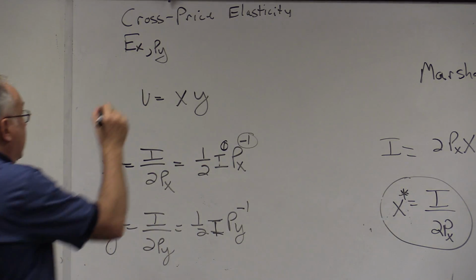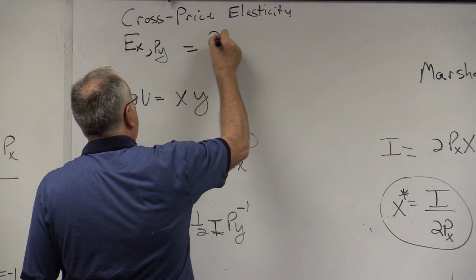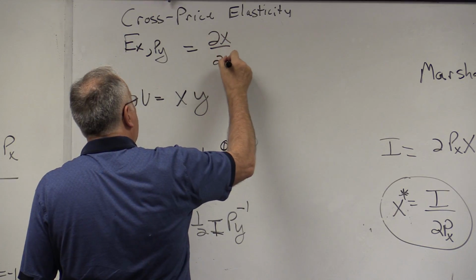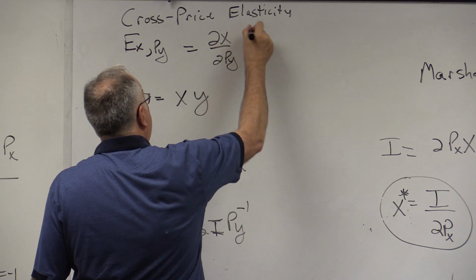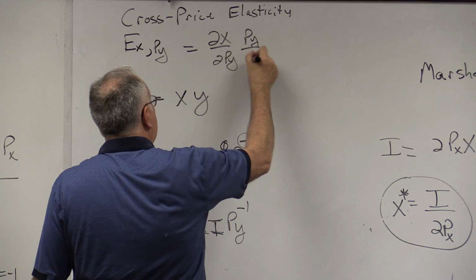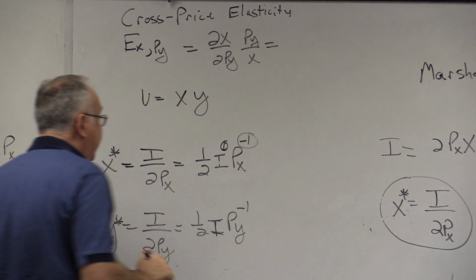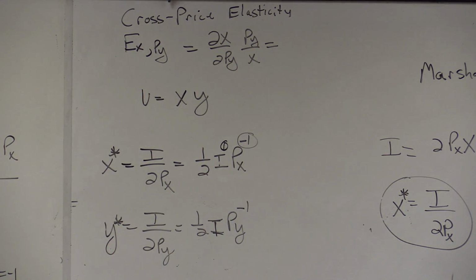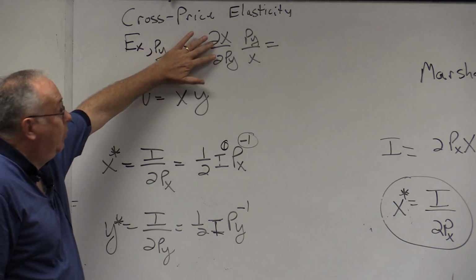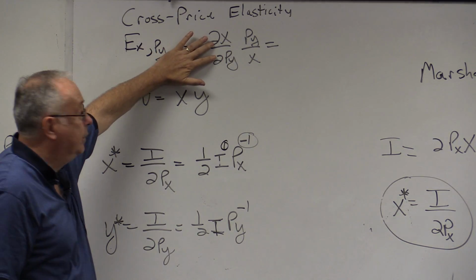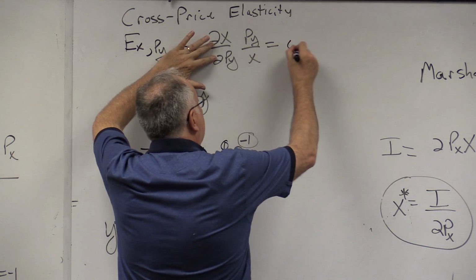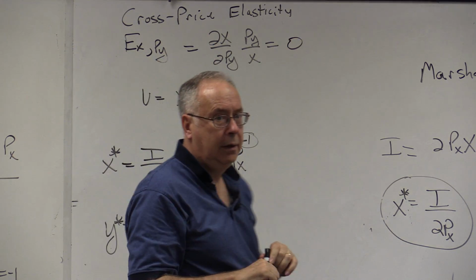And mathematically, this would just be partial x, partial py times py over x. Now, can anybody tell me what this cross-price elasticity will be? 0. Because we already know the partial x, partial py is 0. So this cross-price elasticity is 0.